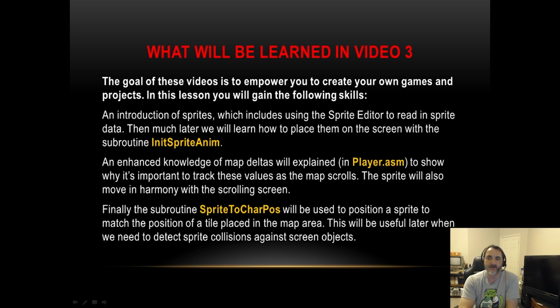An enhanced knowledge of map deltas will be explained in player.asm to show why it's important to track these values as the map scrolls. The sprite will also move in harmony with the scrolling screen. Finally, the subroutine sprite to char POS will be used to position the sprite to match the position of a tile placed in the map area. This will be useful later when we need to detect sprite collisions against screen objects, which will be in a later video.